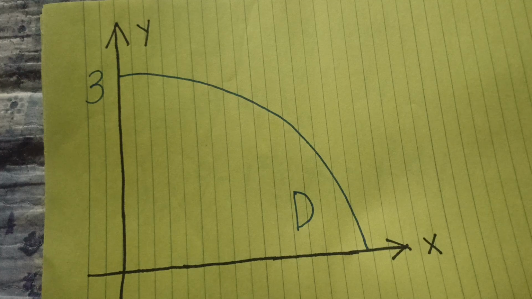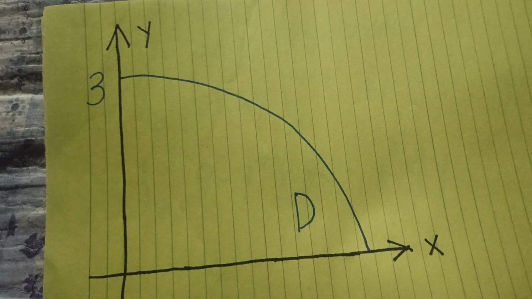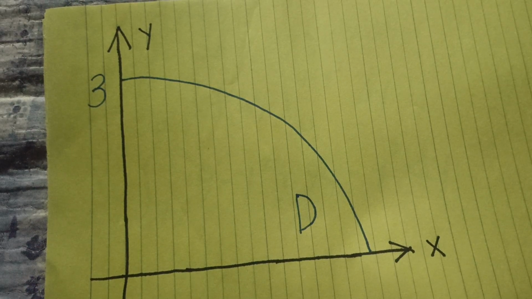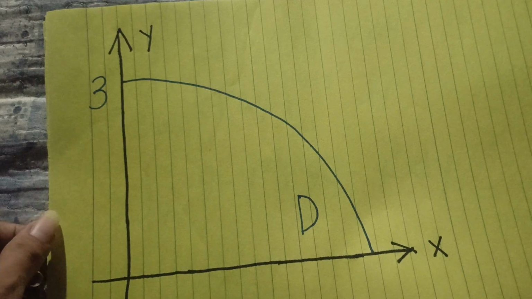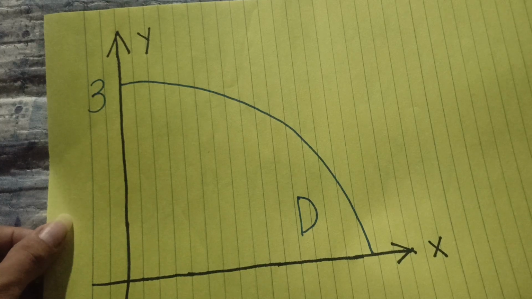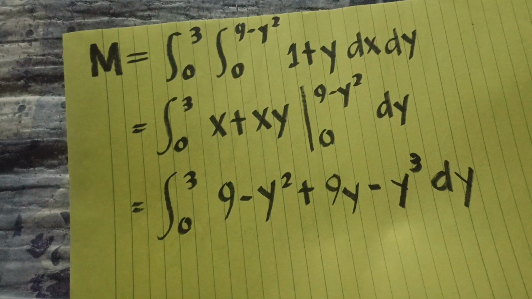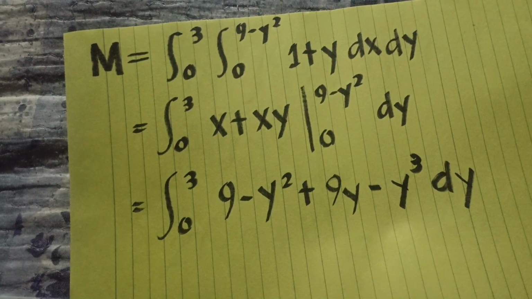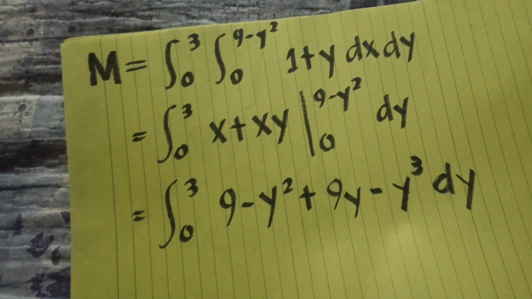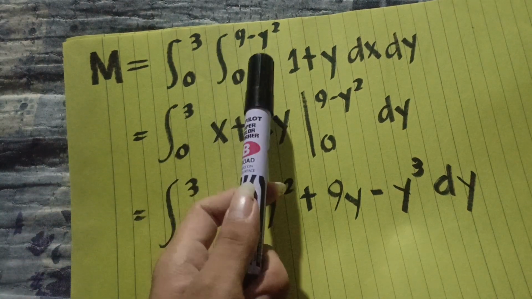Since x is given as a function of y, let's treat this like a type 2 region where the constant bounds for y will go on the outside. So we'll say that m is the integral from 0 to 3, that's the minimum y to maximum y, of the integral from 0 to 9 minus y squared.